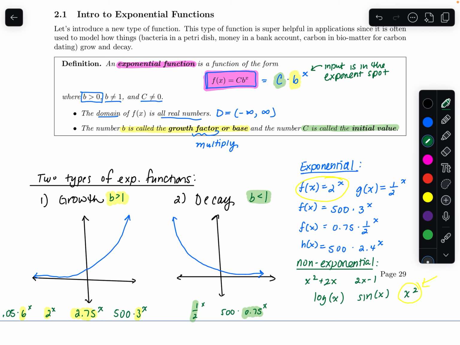We also need to keep our restrictions in mind that the base can't be equal to 1, which is why you see no equal sign here, or else you get essentially something where the base is equal to 1. It just looks like a straight line. No longer exponential, no growth, no decay, it's linear. Not very interesting, right? So that's why we restrict it. And then negatives, a little bit more detail as to why it can't be negative. So we'll go ahead and just restrict that to be between 0 and 1.